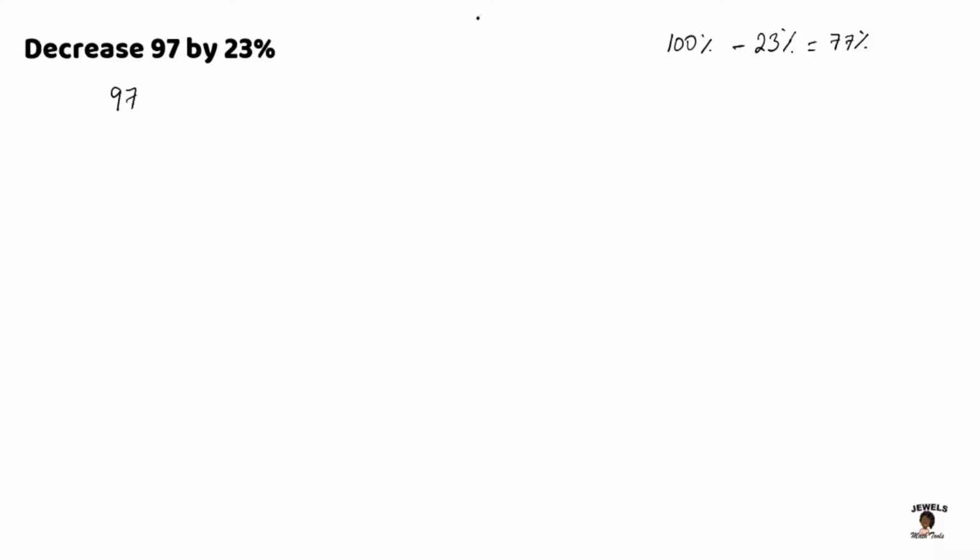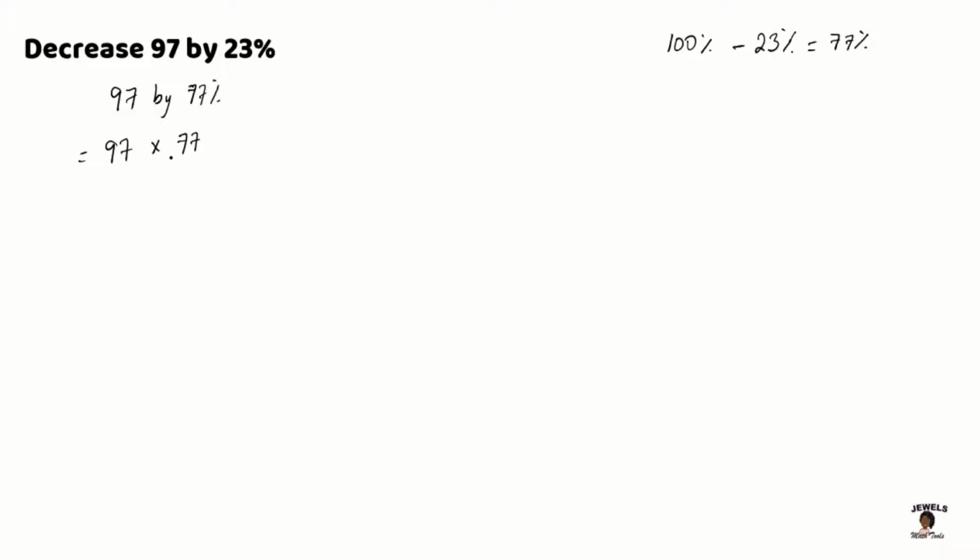Remember that this 77% is what we would have calculated by calculating our 23% and then subtracting the 23% total from 97. By using this method instead, we're just cutting straight to our 77% instead of having to perform the subtraction on 97 afterwards.